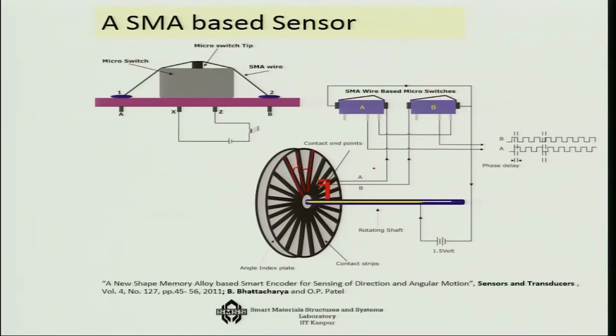However, the catch is that whenever these two pins are touching the SMA wire-based system, only then the current is flowing, and because of that resistance you are going to get a signal. The moment it is not, or the velocity is changing, you are going to see there is a shift or a phase delay, which you can use for measuring the direction and the angular motion of the system.